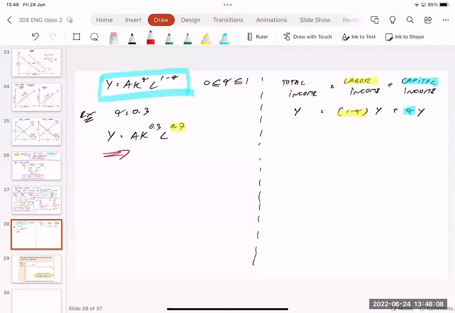It means that when your country wants to produce something, your country uses a lot of labor. Normally, your country is going to use labor around 70%, and capital around only 30%. So your country is a labor intensive country.